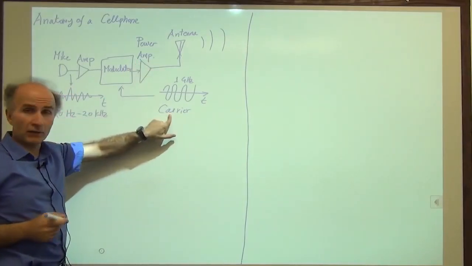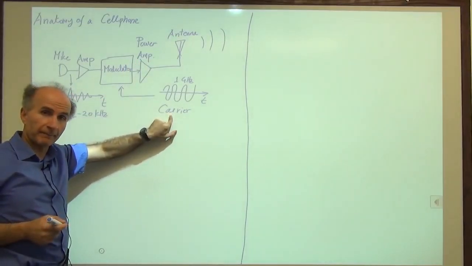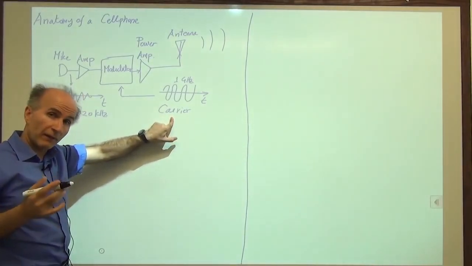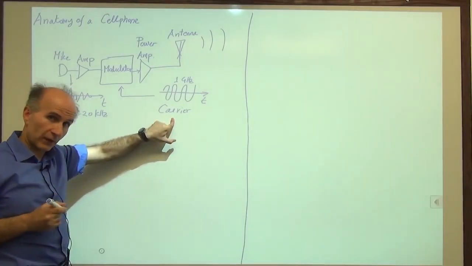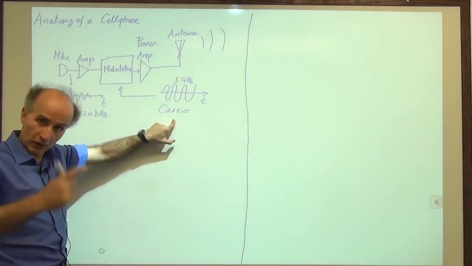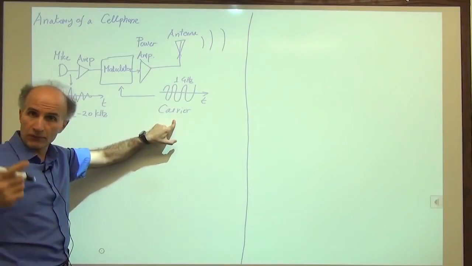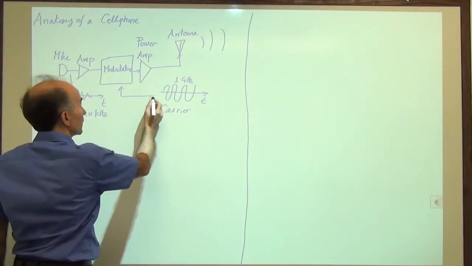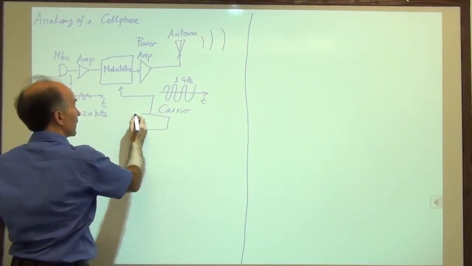Now this carrier has to come from somewhere. Where does it come from? It's a periodic signal, so we may think of an oscillator as a circuit that produces a periodic signal. It oscillates, so it keeps producing a sine or a cosine or a square wave or something. So this will come from an oscillator.